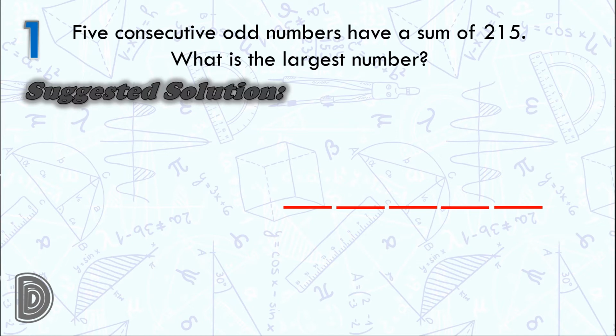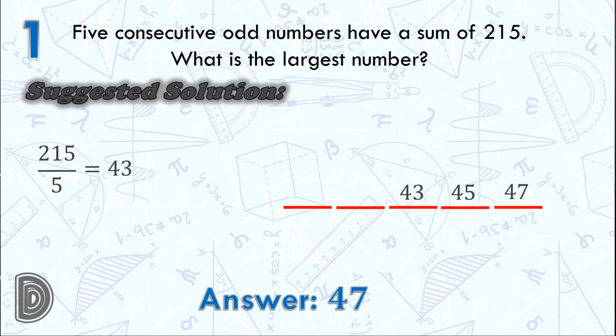Then, since we have 5 odd numbers, we divide 215 by 5. The answer is 43. So we can put 43 in the middle of these 5 consecutive odd numbers. The next odd number will be 45. And the largest odd number will be 47.